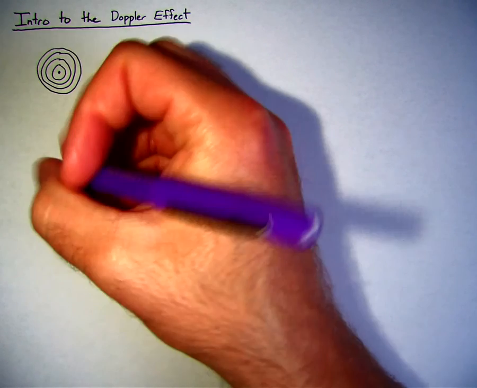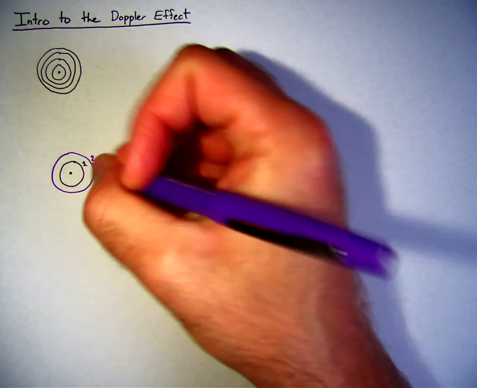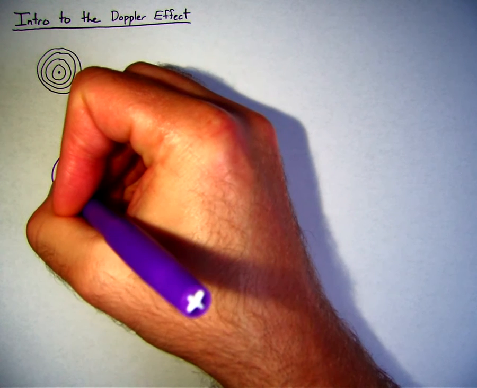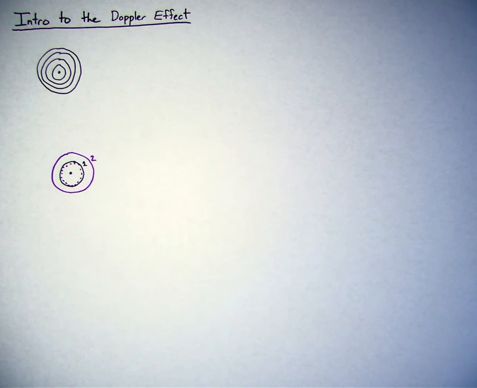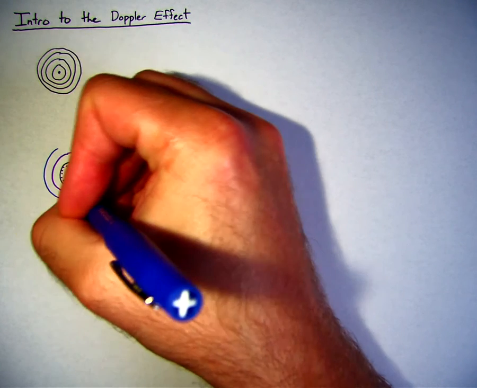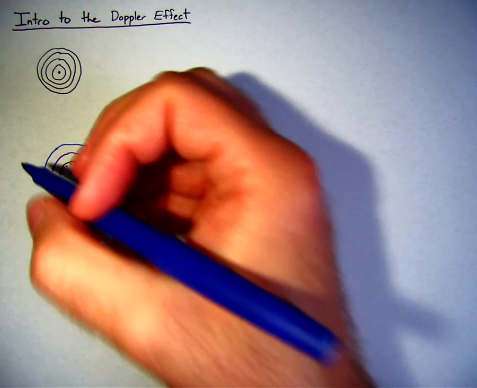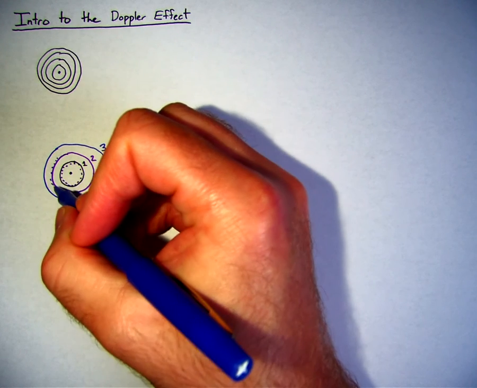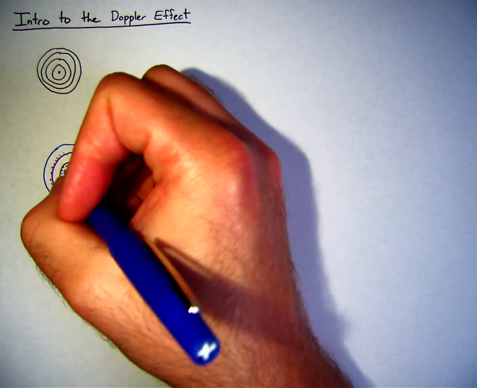After another second, this is where the wave is, but we also have a new wave that started there if you were to touch the water every second. After 3 seconds, that's what we'd have, and the new wave would be right there. Then we'd have a third wave created over there.